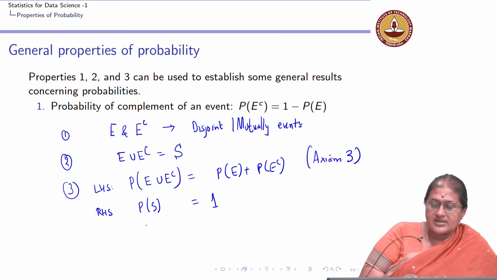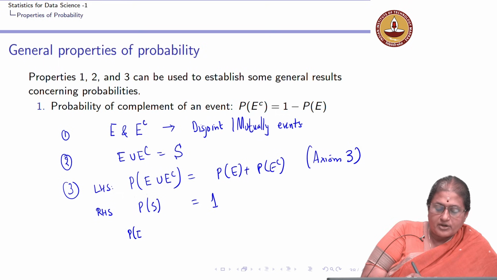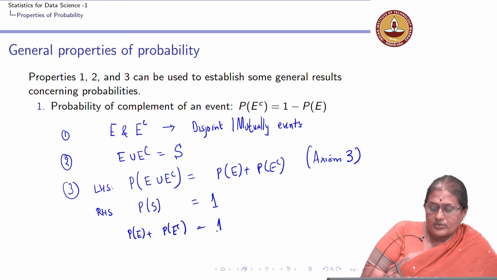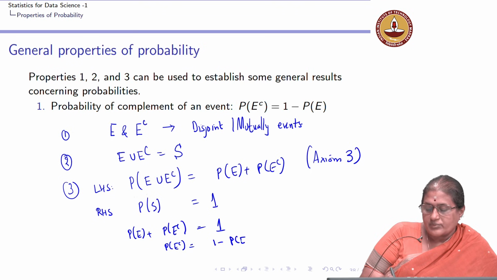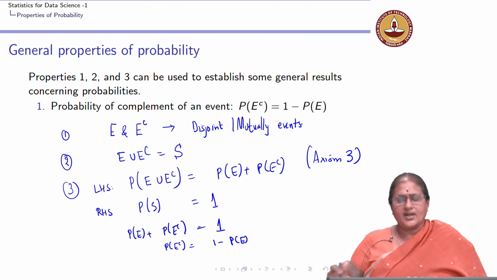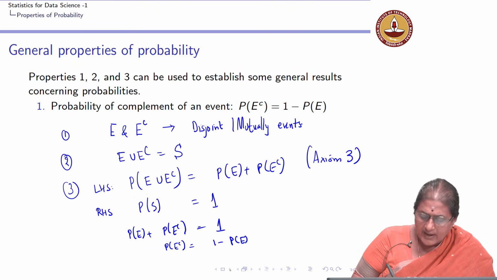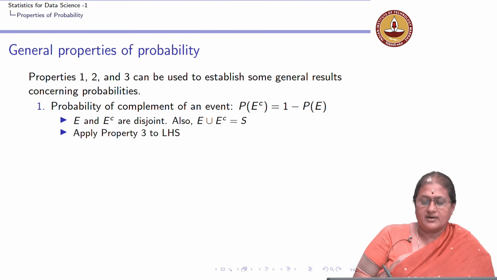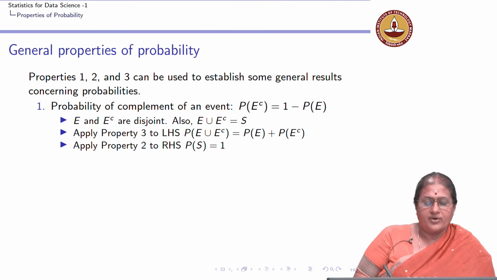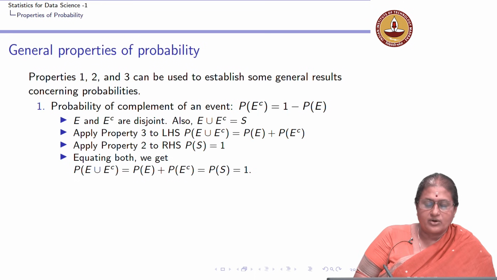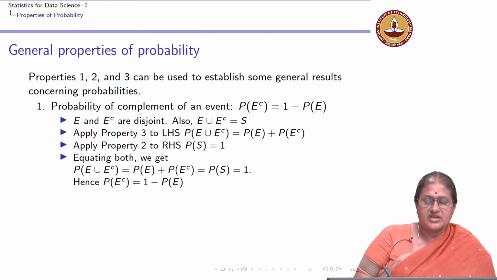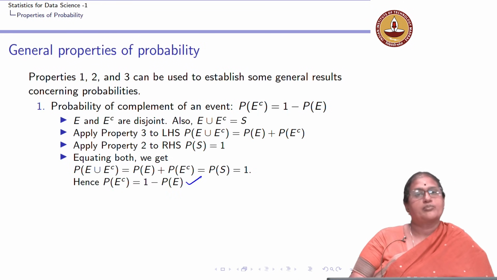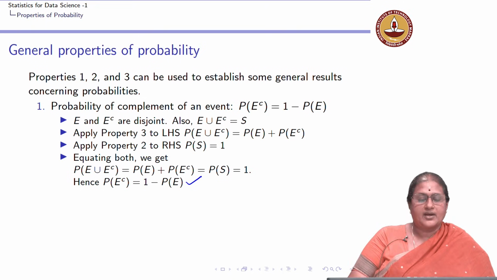I equate these two to get probability of E plus probability of E complement equal to 1, which gives me probability of E complement equal to 1 minus probability of E. So, hence I have probability of E complement which is equal to 1 minus probability of E.